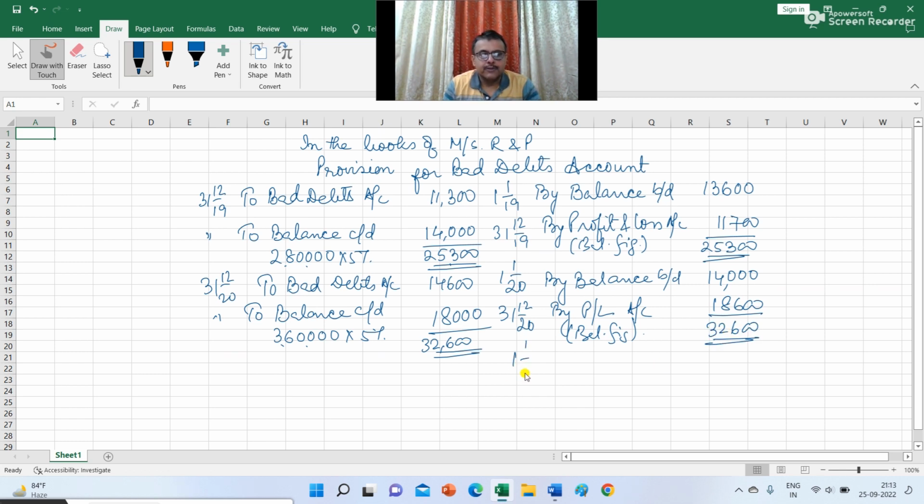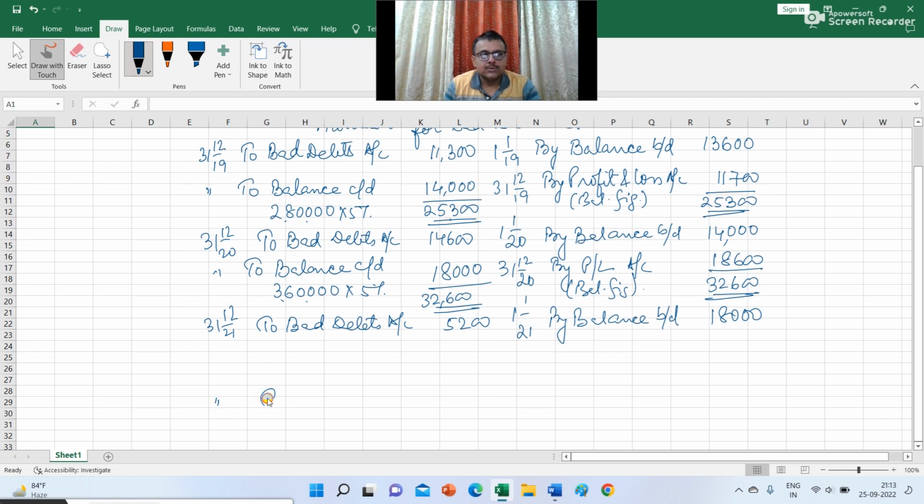So again, on 1st January 2021, the opening balance will be 18,000. It is given on 31st December 2021 your bad debt is rupees 5,200.